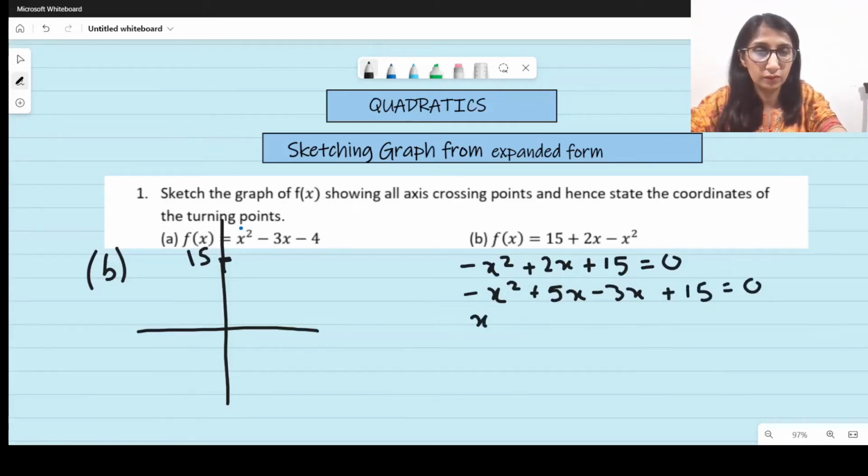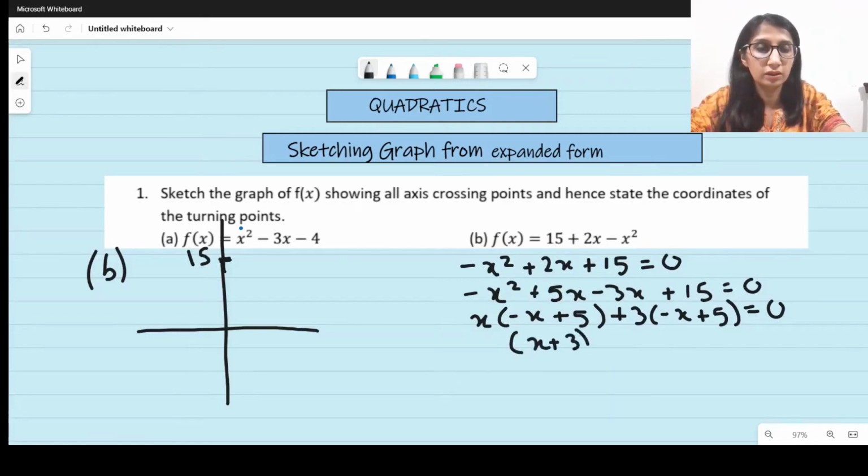If x is common in the first two, so minus x plus 5, and then I'll have to take 3 common in the next two, so minus x plus 5 equals 0. So x plus 3, minus x plus 5 equals 0. From here we're getting x equals minus 3, and from here we're getting x equals 5.